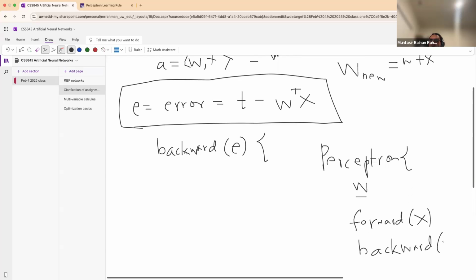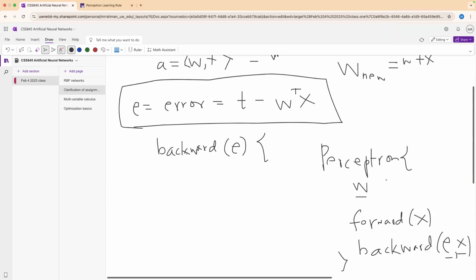In this case, as Anup was pointing out, it might be easier if, although this typically should be E, you also pass in the X parameter to run the backward.